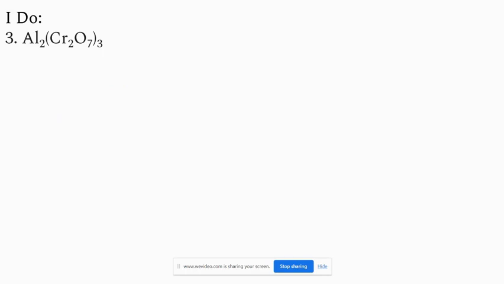Oh, this one's got parentheses. Got our aluminum, chromium, and our oxygen. So I have how many aluminums? 2. The parentheses doesn't apply to that one. How many chromiums do I have? 6. And how many oxygens? 21.